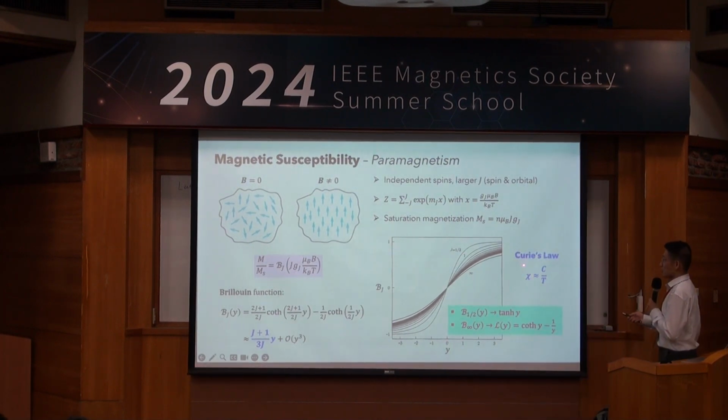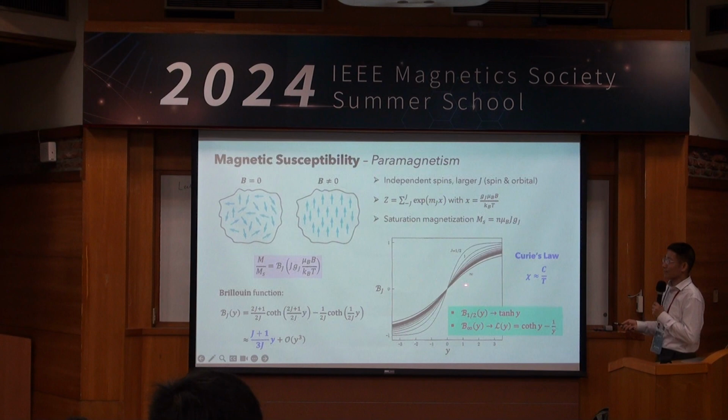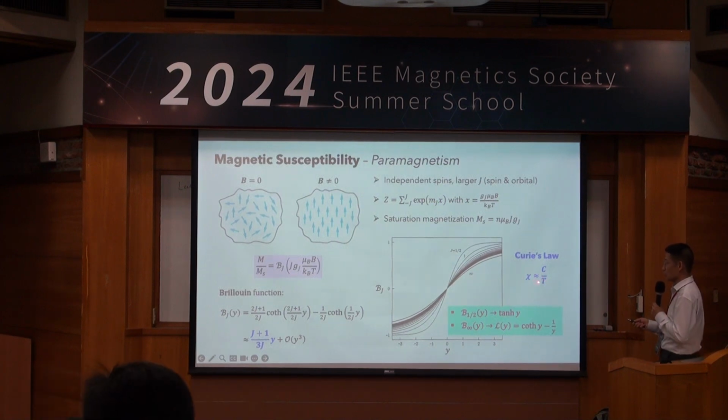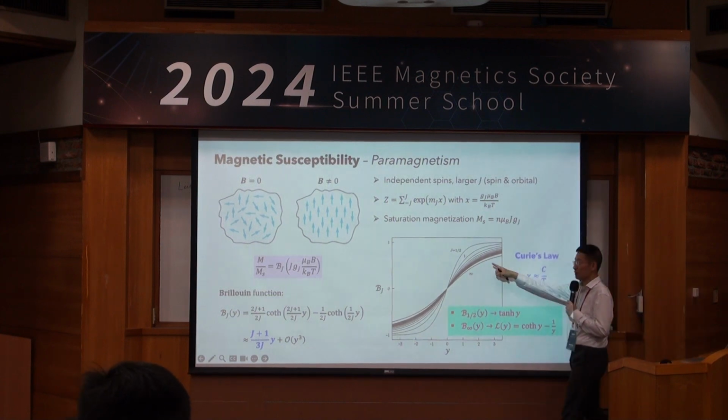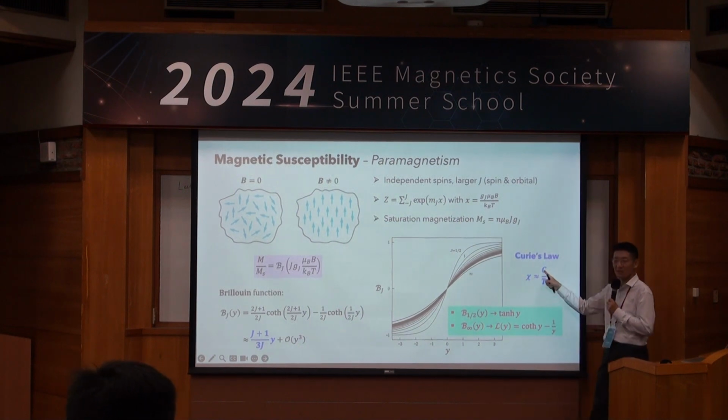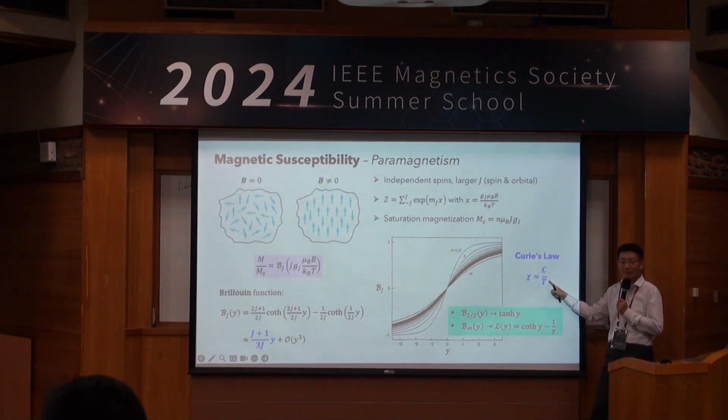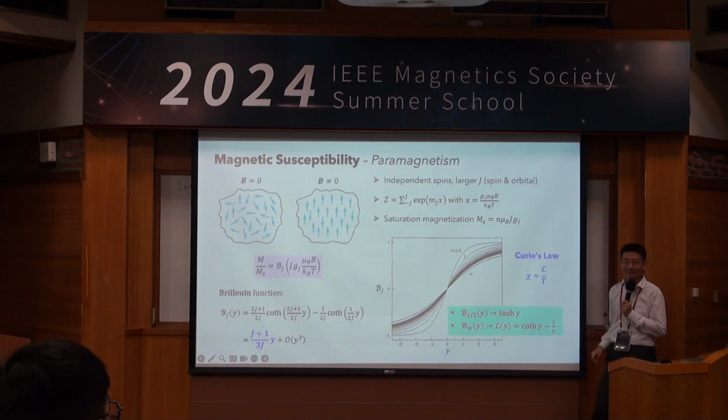This is the generalized Curie's law for arbitrary angular momentum, and it is inversely proportional to the temperature. The difference only lies in the proportionality constant. For different angular momentum, you simply have different C's. But Curie's law is universal.